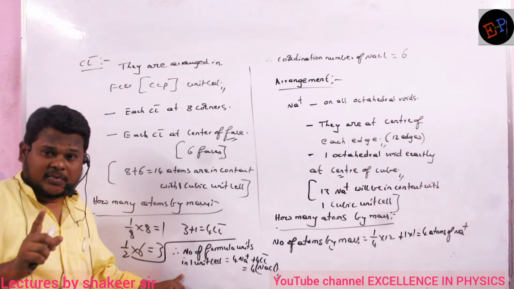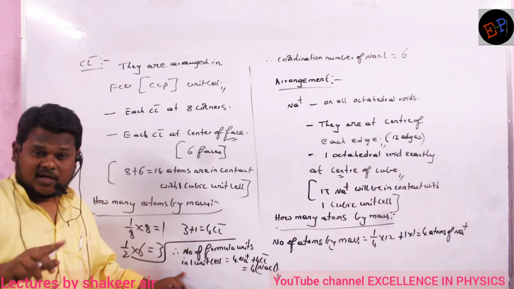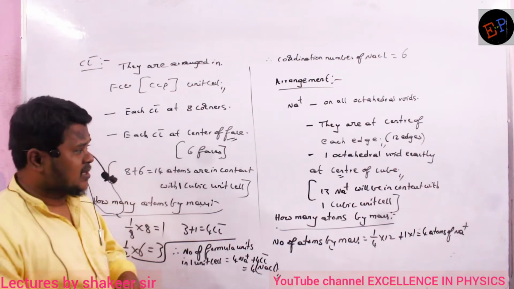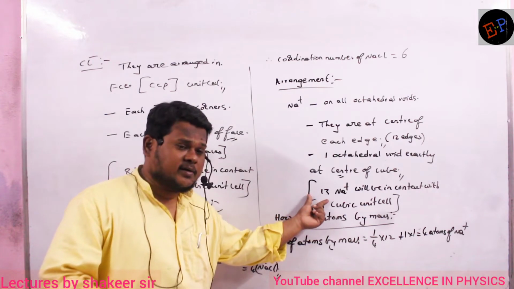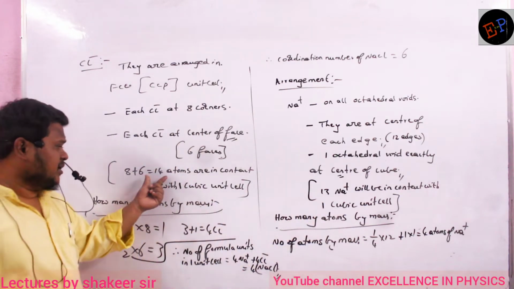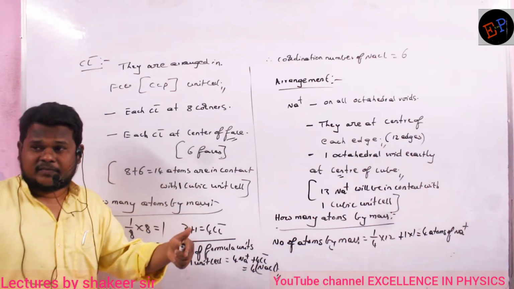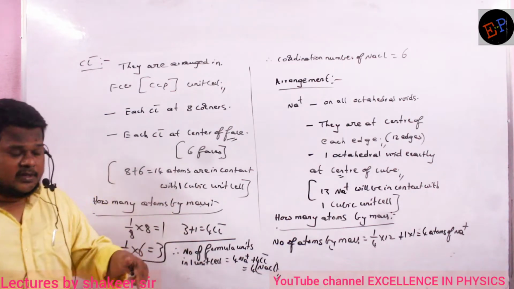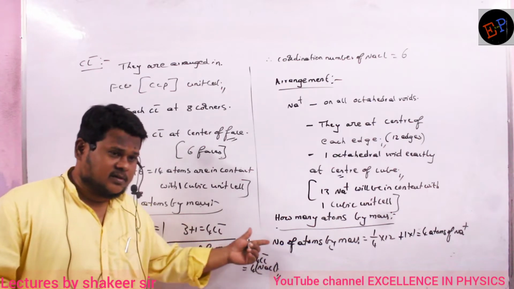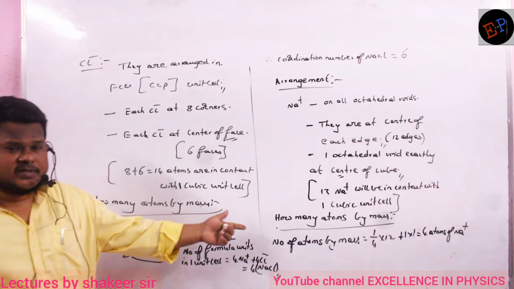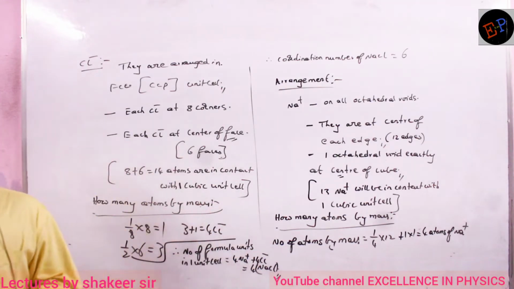This is not by number, this is by mass. Mass veru, number veru kada. Number already we have calculated here, 13 Na plus and 14 Cl minus. But these are only numbers which are in contact with the unit cell. But I want by mass, no? By mass 4 NaCl and 4 Na plus and 4 Cl minus, they are in contact.